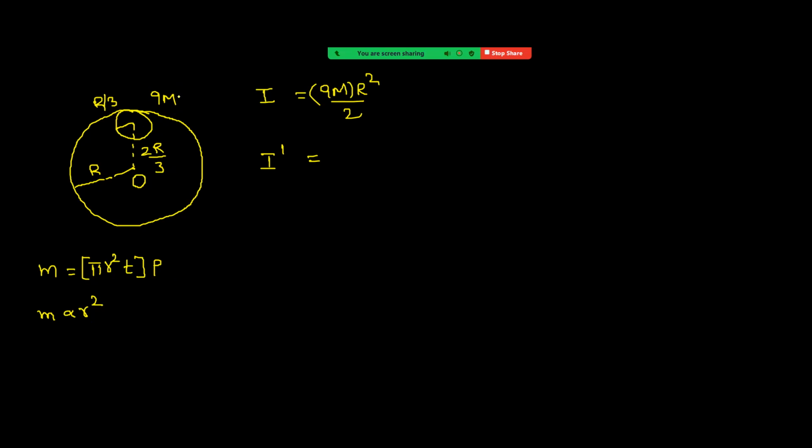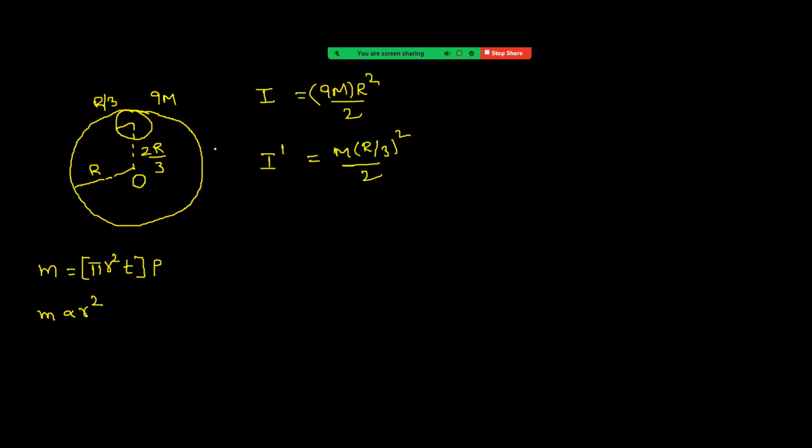Original mass 9m, so 1 by 9 times means for the removed one, mass is m. Okay. So about its own axis, the moment of inertia will be m into square of r by 3, by 2. This is about its own axis.